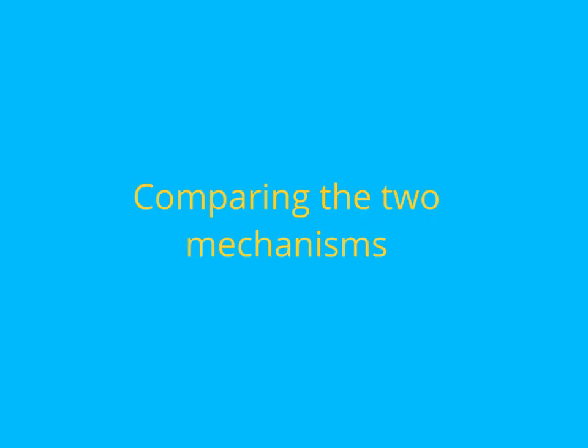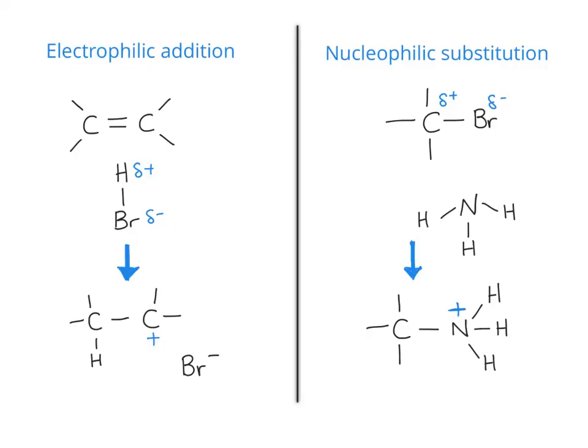So it's always helpful if, instead of rote learning, we try and look for similarities and differences so that we don't make careless errors with our mechanisms. So looking at the two mechanisms that we've covered so far, what are the similarities and what are the differences? Well, both mechanisms are going to start with a polar molecule, some sort of dipole that is going to encourage the movement of electrons.